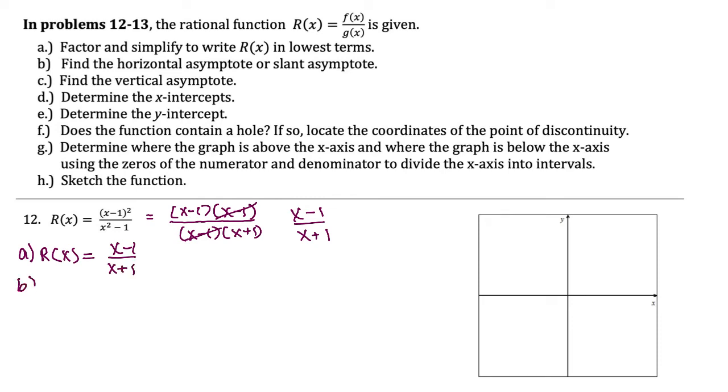Part B is going to be y equals 1. Part C is going to be x equals negative 1. Part D is going to be 1, 0. Part E, 0, negative 1.